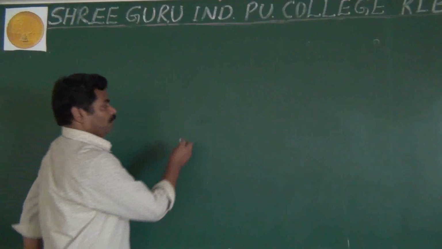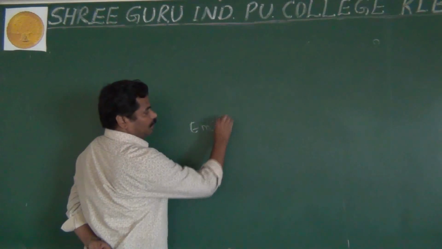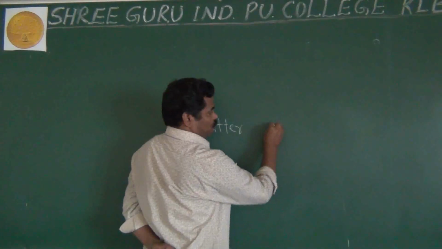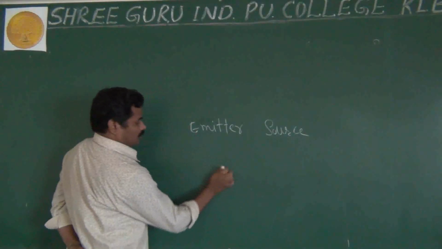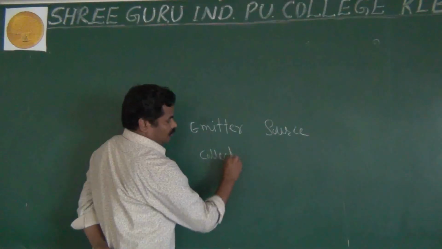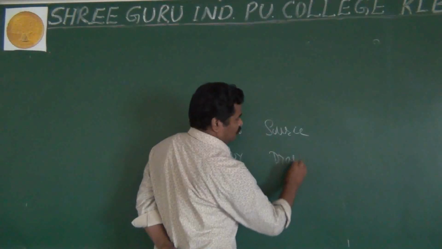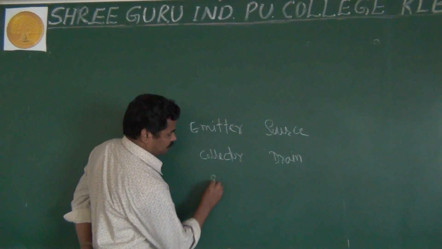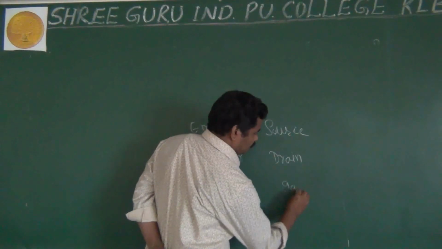As I said, in your BJT the emitter is similar to the source, the collector is similar to the drain, and your base is similar to the gate.